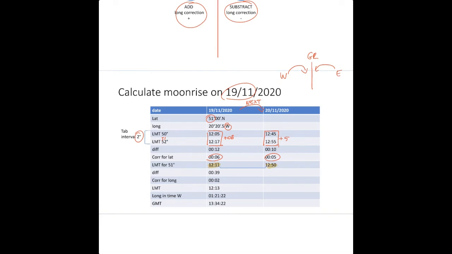And what do we do then? Then we take the difference between these two times, and the difference between these two times is 39. With this 39, we go to the second correction table.